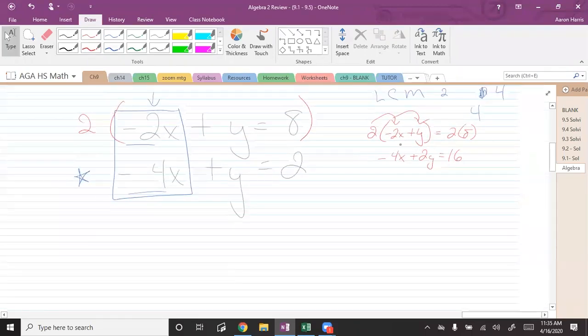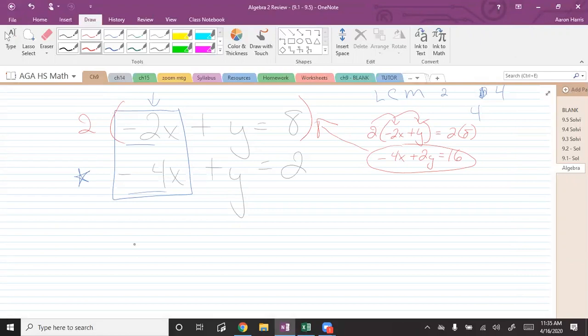This negative 4x plus 2y equals 16 is exactly equal to that standard form equation up there. All I did was multiply by 2 on both sides. So here I go. I got negative 4x plus y equals 2. All I did was copy it down, correct? Now, was it negative 2 and negative 4?